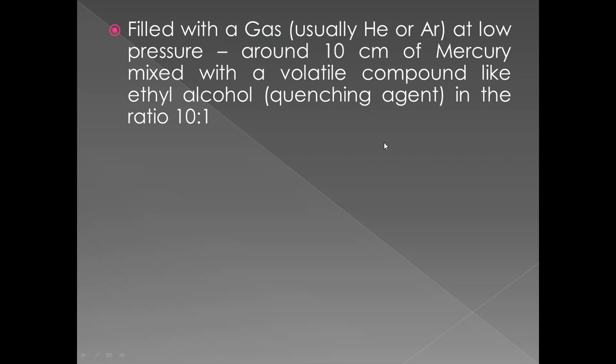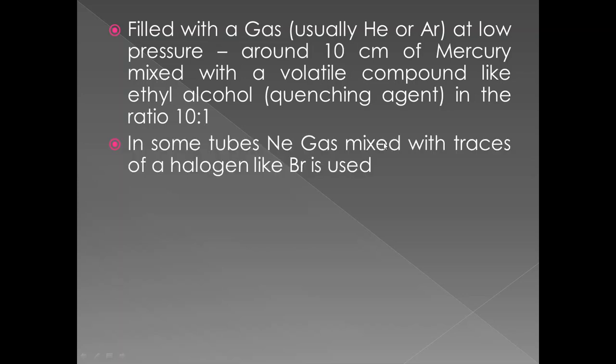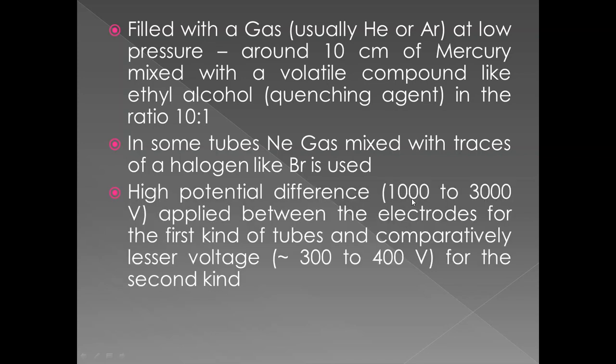Also, the quenching agent, depending upon the design of the GM counter, can be a halogen like chlorine or bromine. In some tubes, neon gas mixed with traces of halogen, such as bromine, is used.